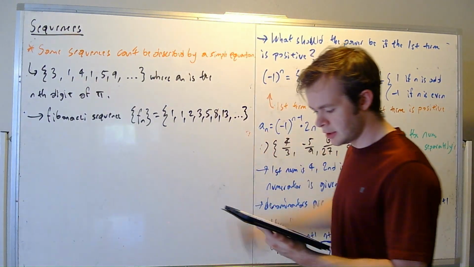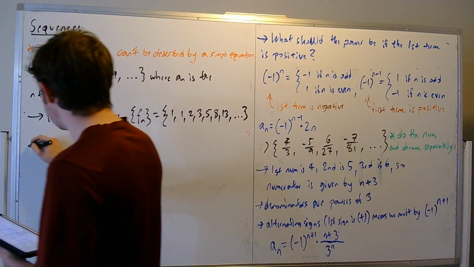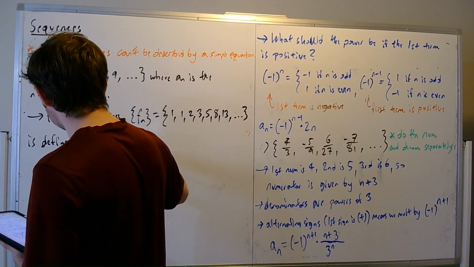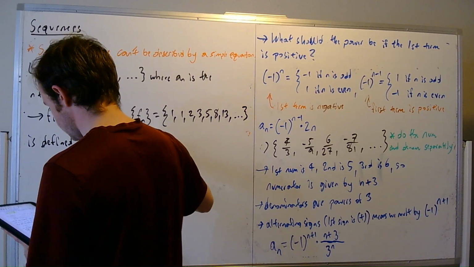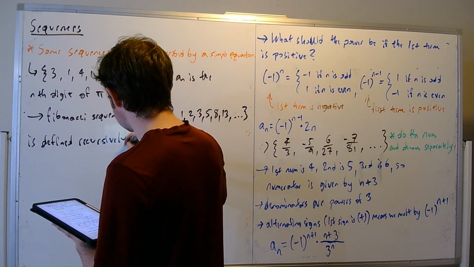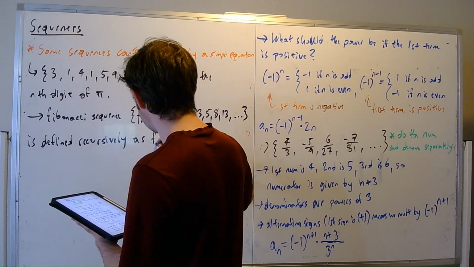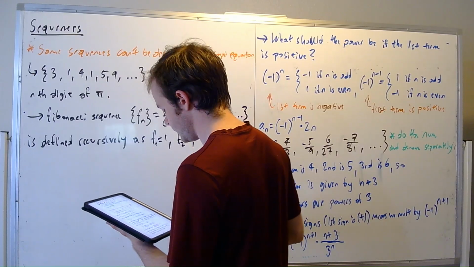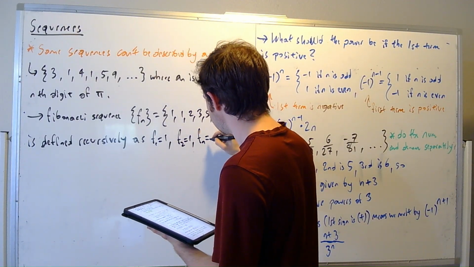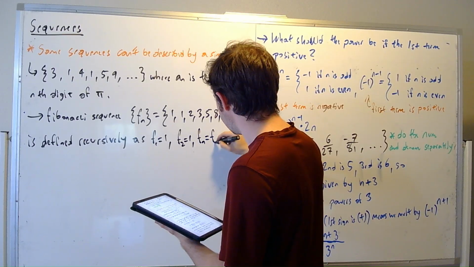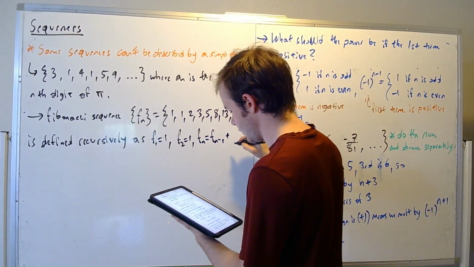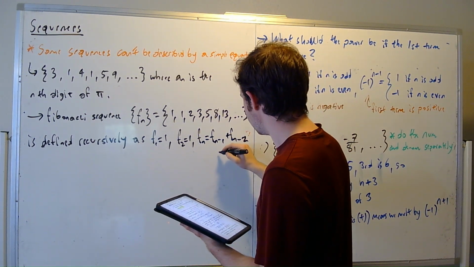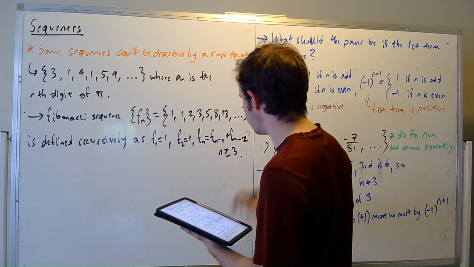The Fibonacci sequence is defined recursively as f1 equals 1, f2 equals 1, and fn equals fn minus 1 plus fn minus 2, where n is greater than or equal to 3.